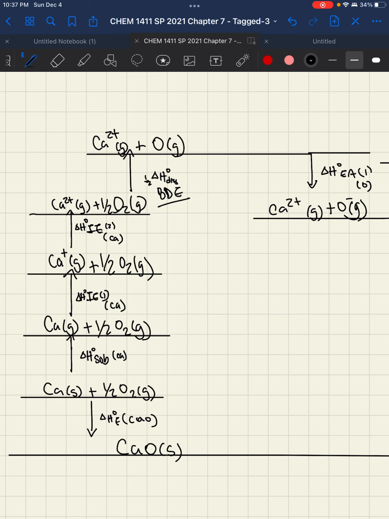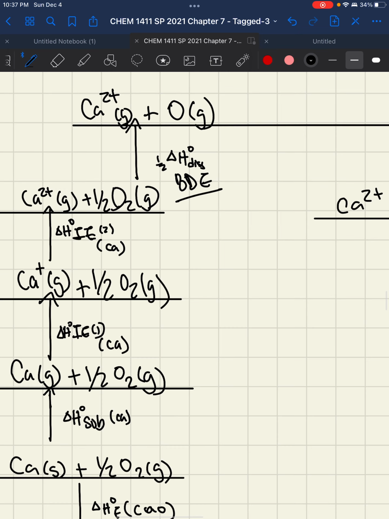It's different compared to the NaCl Born-Haber cycle. Na is only Na+, so it's only one ionization energy, but here it's 2 since it's Ca2+. Then you only need one O for the oxygen. You have 2 here since it's diatomic.